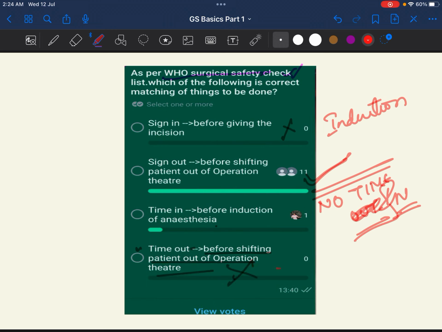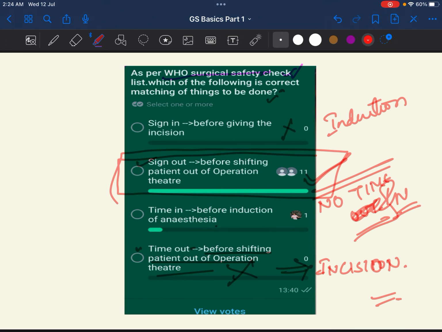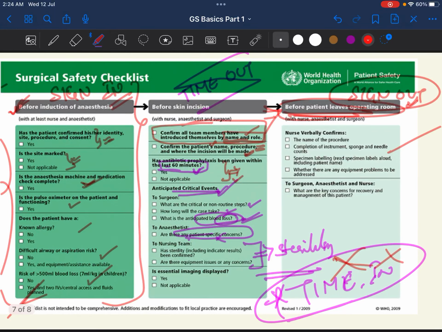This is wrong. Timeout we do before giving incision. Which of the following is the correct matching of the things to be done? So this is the correct option: sign out to be done before shifting the patient out of operation theatre.